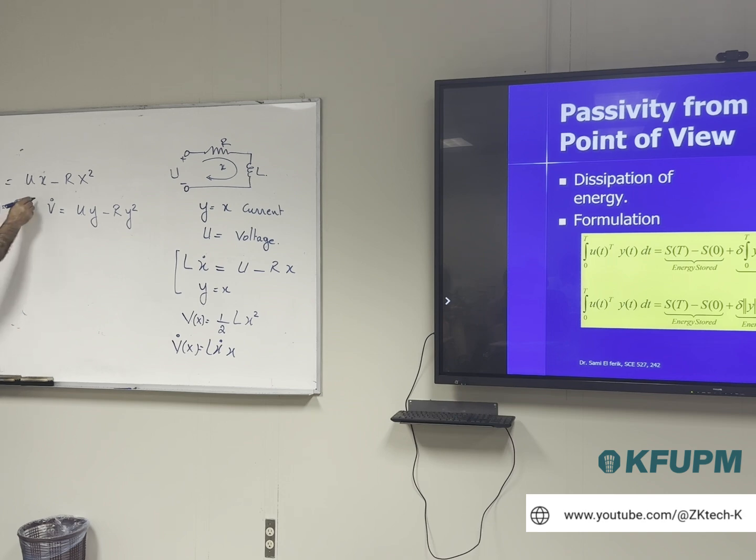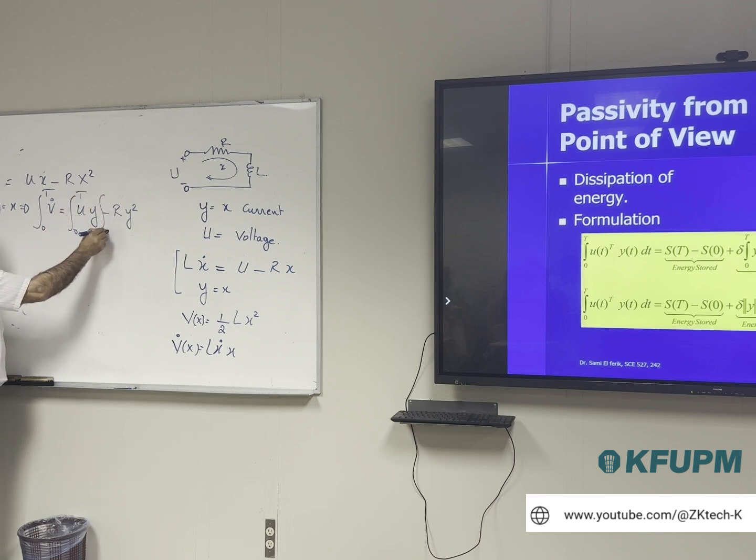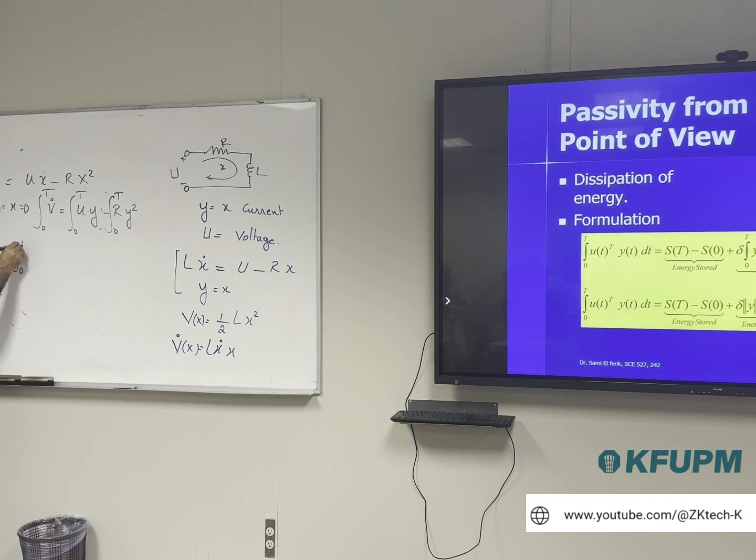And then if I take the integral of both sides, from 0 to capital T, I'll be able to write the integral from 0 up to capital T of u y, which is based on our notation the bracket of u and y.